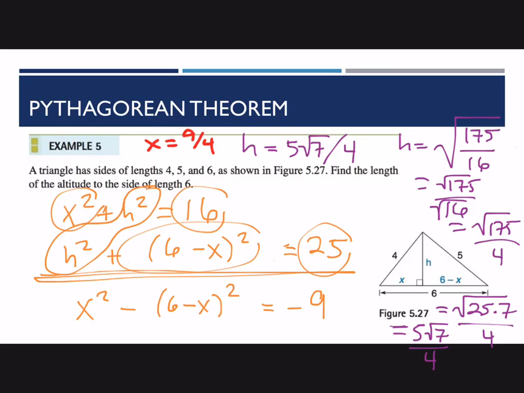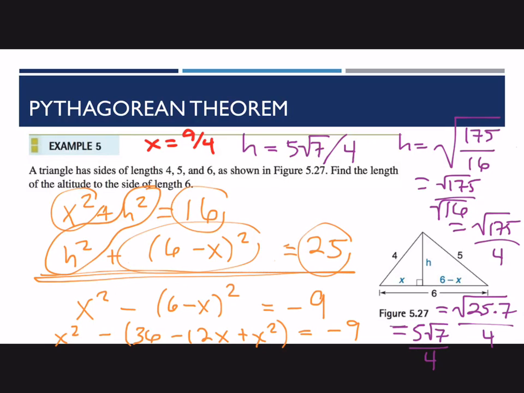Okay, and then I would still need to FOIL this 6 minus x squared. So this is going to be minus, and then in parentheses, 36 minus 12x plus x squared equals negative 9.